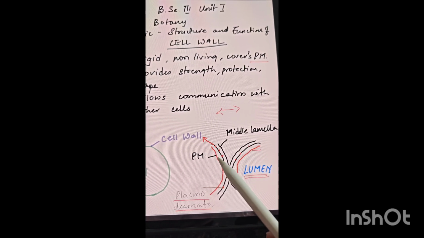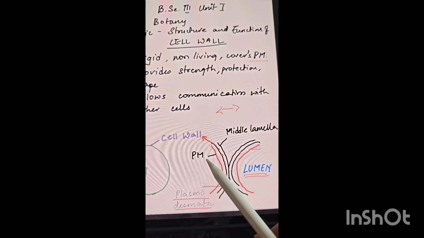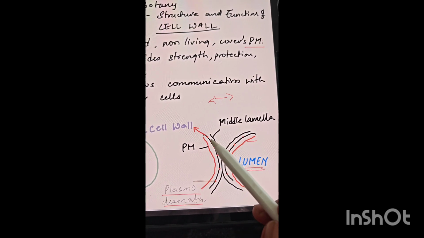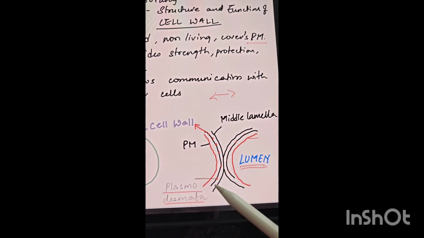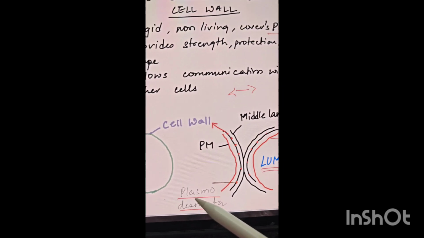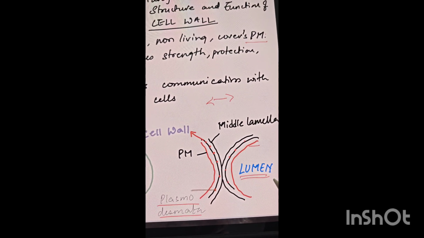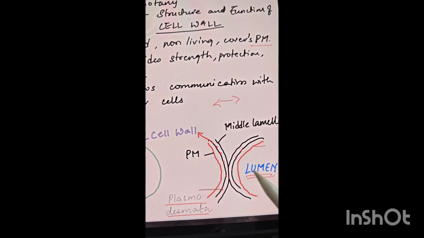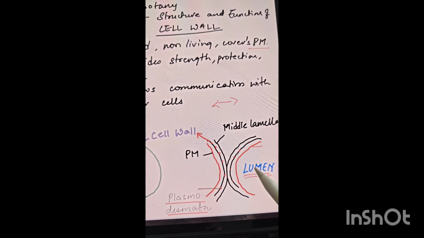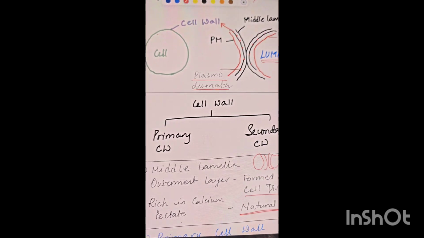The innermost layer is the plasma membrane. On this cell wall there are certain openings or channels called plasmodesmata, and inside the plasma membrane, as we all know, there is the cytoplasm or lumen present inside the cell.